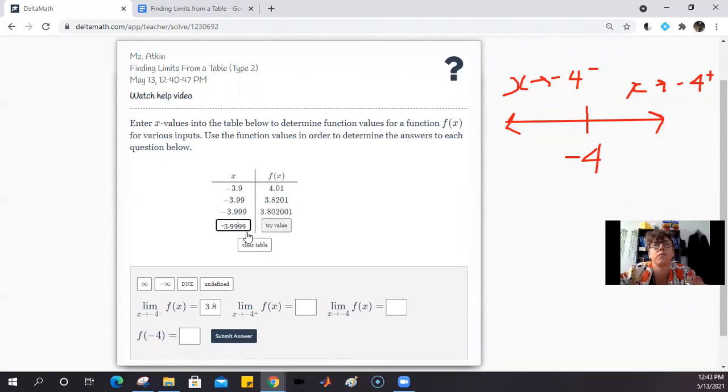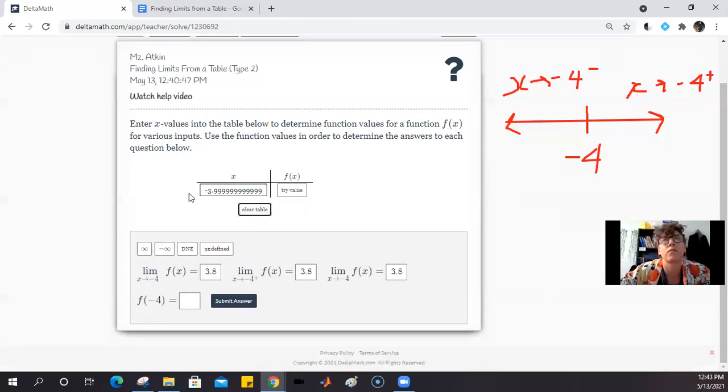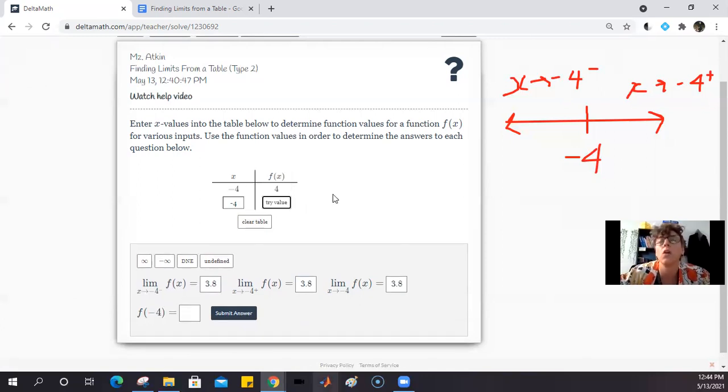Ooh, this is looking familiar. 3.8, got it. So the limit as we approach -4 from the right is also 3.8, which means the limit for x approaching -4 does exist. It's the same number. Now, what is the actual value for the function at -4? Oh, look, it's 4.